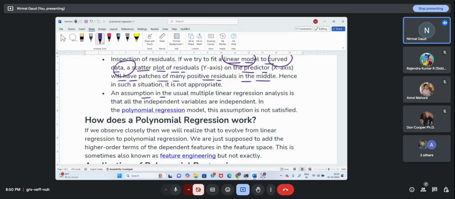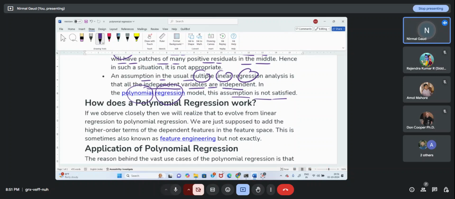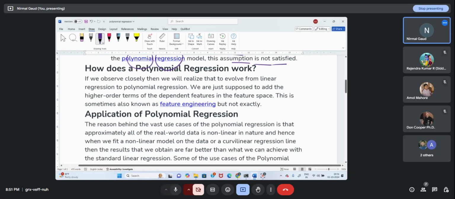An assumption in usual multiple linear regression is that all independent variables are independent, meaning they are not related among each other, and they are related to the target with a linear relationship. But in polynomial regression this assumption is not satisfied. So how does polynomial regression work?